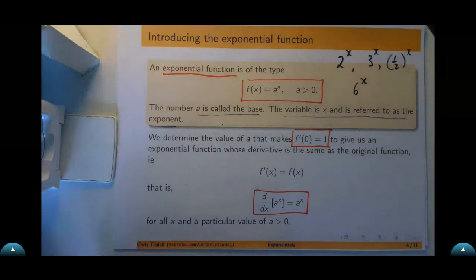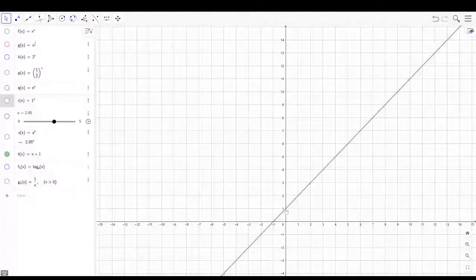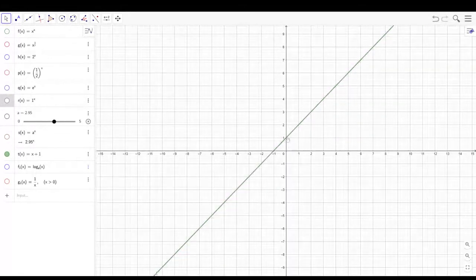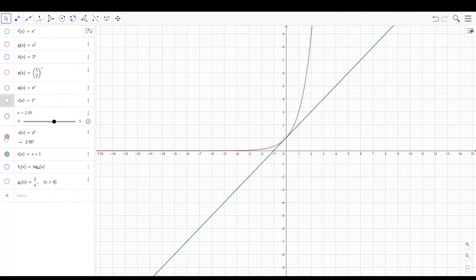So how do we do that? Well, let me show you on the graph again. There are different ways of doing this, but let me show you. Go back to GeoGebra. So you can see here, this is the line y equals x plus 1, and when x equals 0, this has slope equal to 1. So we want this to be a tangent line to our curve. If I go back to this, that kind of looks like a tangent.